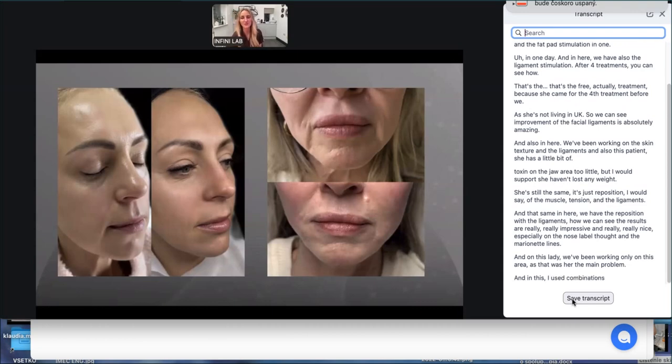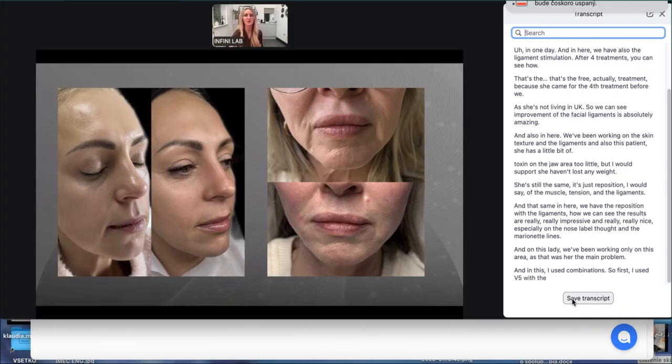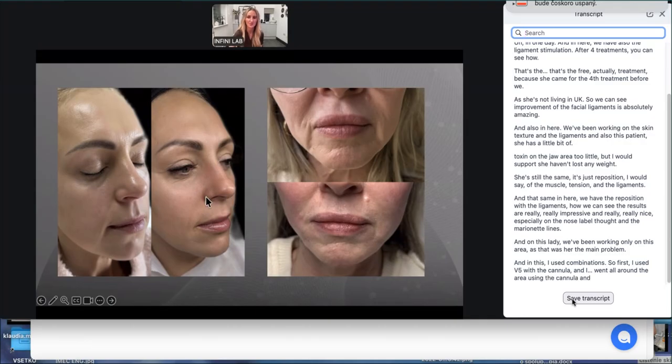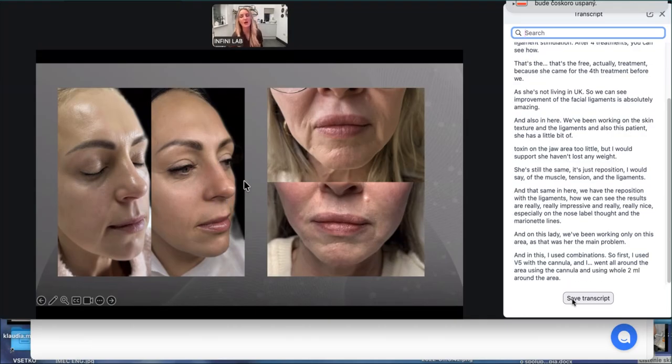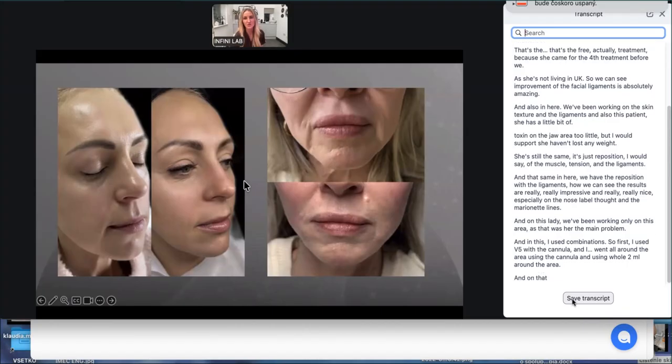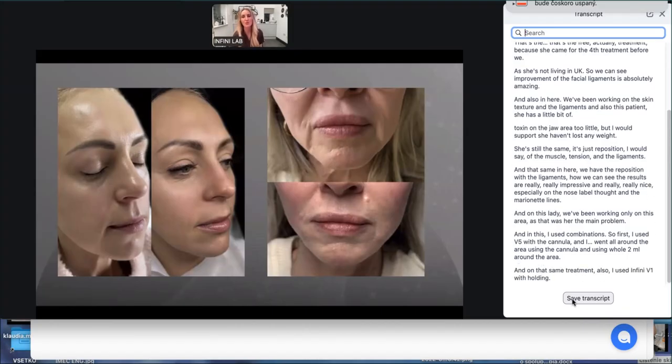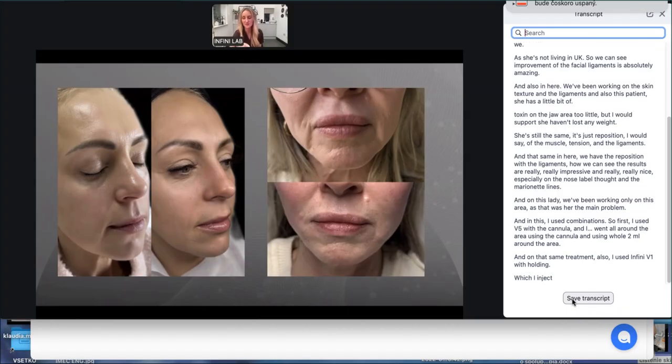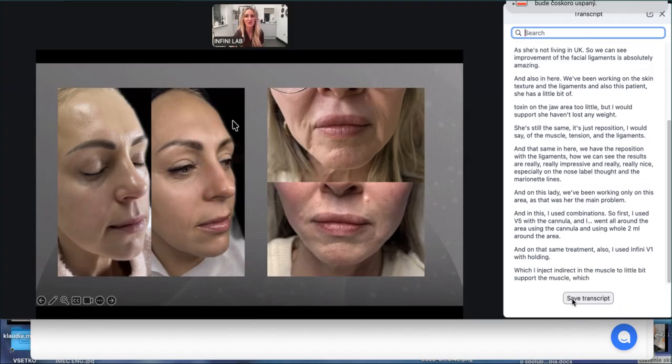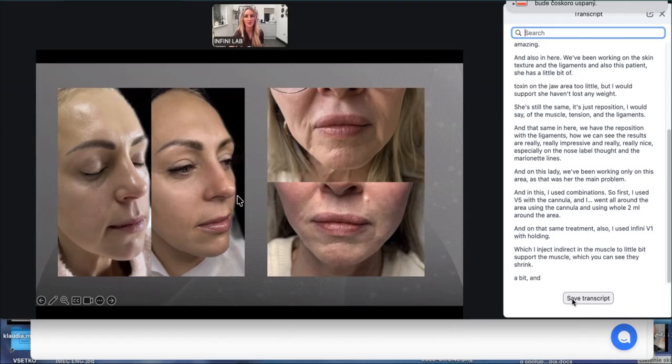First I used V5 with the cannula, and I went all around the area using the whole 2 ml. In that same treatment, I also used Infini V1 with toxin, which I injected directly in the muscle to support the muscle a little bit, which you can see shrinks and is quite weak.